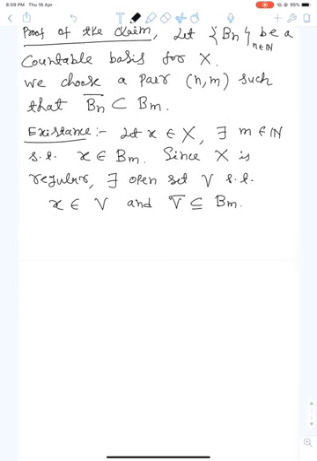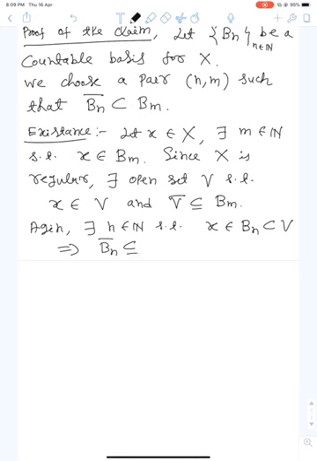Now again, x belongs to V, so there exists a natural number n such that x belongs to Bn, a subset of V. That implies the closure of Bn is a subset of the closure of V, which is a subset of Bm.